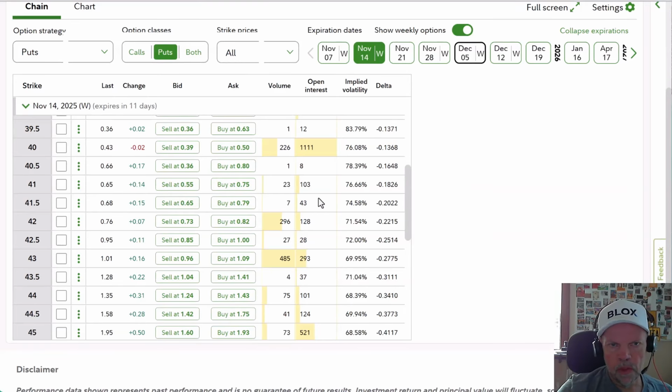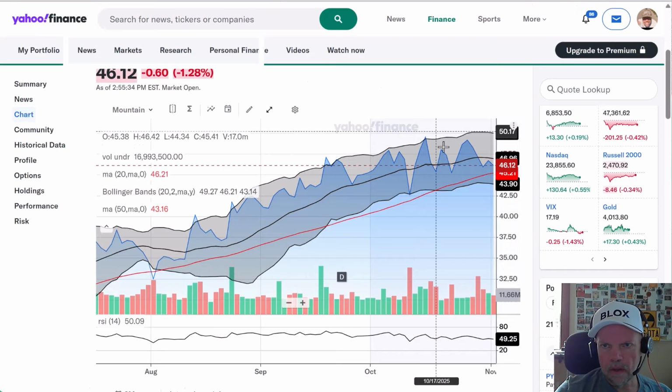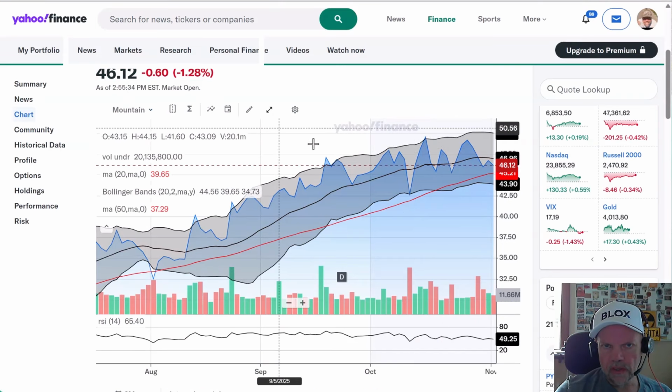We already know. So if the price drops down to 40, then I will be obligated to buy these shares of this ETF for $40. And it's trading at 46.